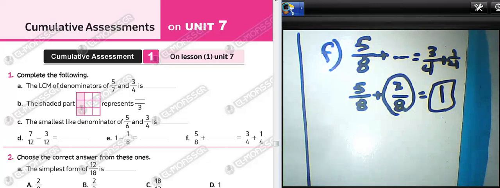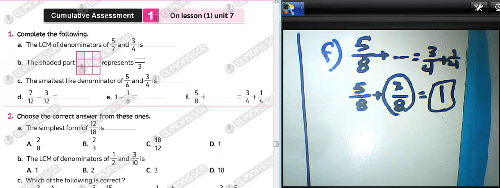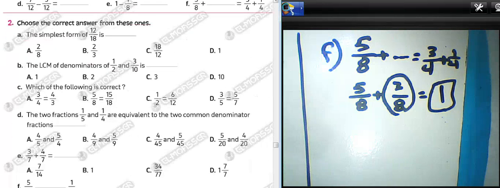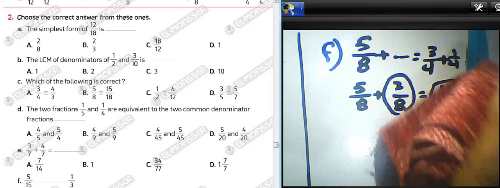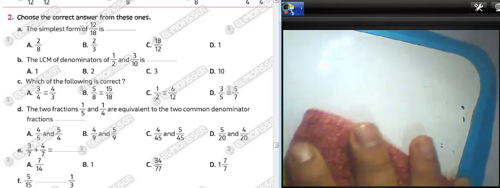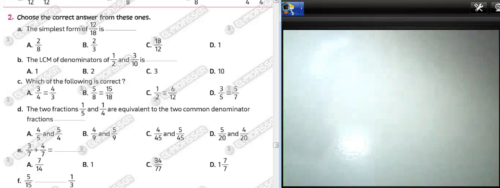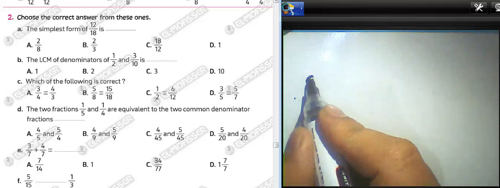Okay, understood my students? Question number 2. Choose the correct answer from these ones. The simplest form of 12. Smallest? What did he ask, smallest or simplest? Okay, simplest.